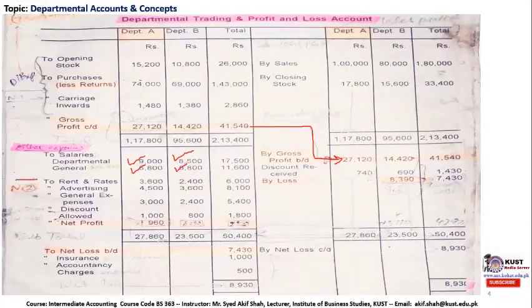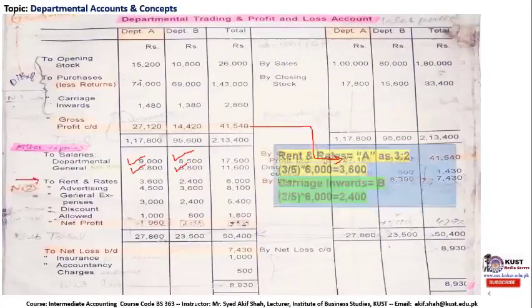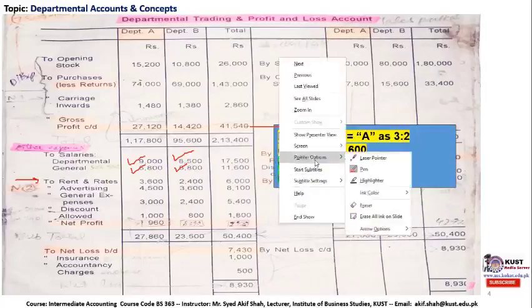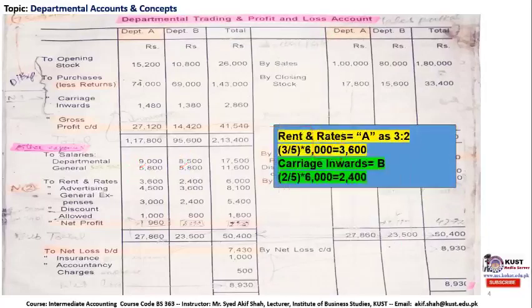Now it's time to divide the rent and rates. For rent and rates, we were given a 3:2 division between these two departments. So we have done the same 3:2 for Department A. How did we calculate it?